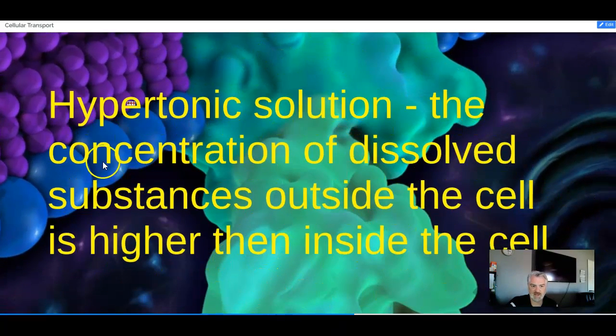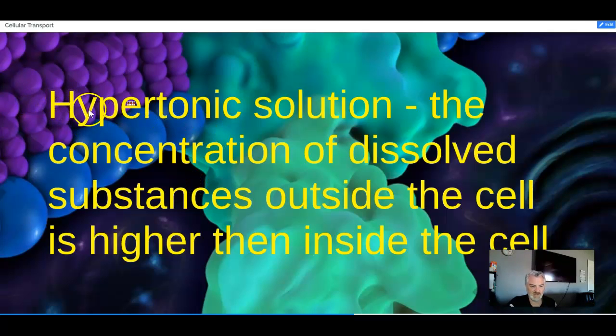Hypertonic is hyper, meaning high or above, so the concentration of dissolved substances or solute outside the cell is higher than inside the cell. So if you have a high amount of solute concentration, you have a low amount of water. So which way is the water going to go? There's a higher amount of water inside the cell than outside, so the water will leave the cell and exit the cell.